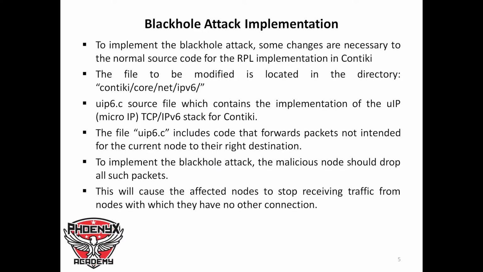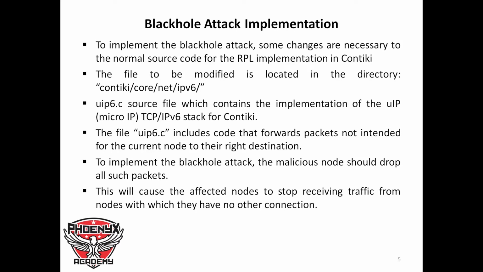Black hole attack implementation. In this video, we are going to be simulating the black hole attack. To implement the black hole attack, we need to make some necessary changes in the normal source code for the RPL implementation in Contiki. So we need to locate a file under this particular directory, contiki/core/net.